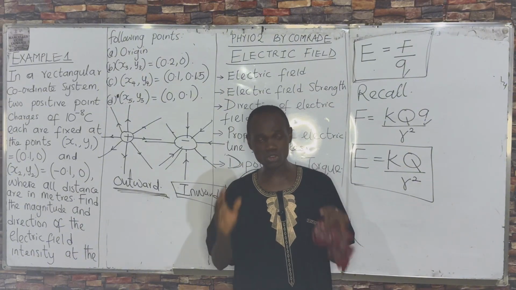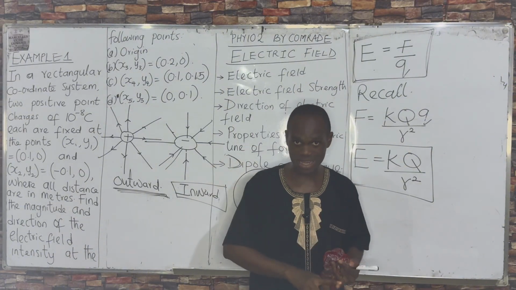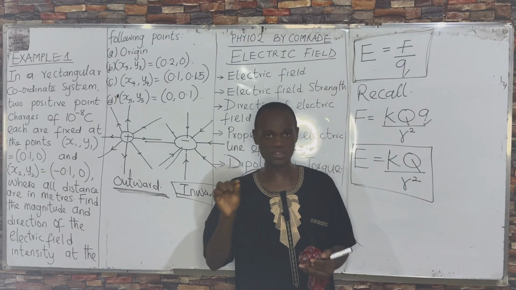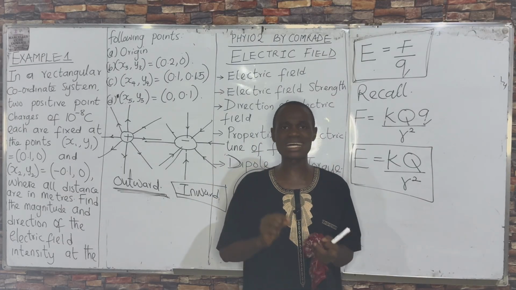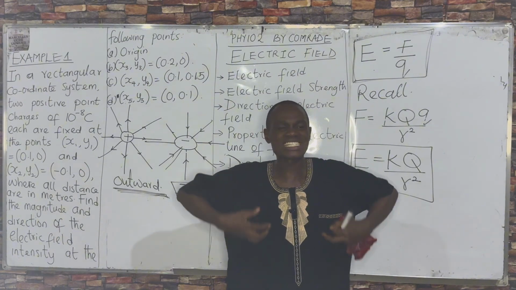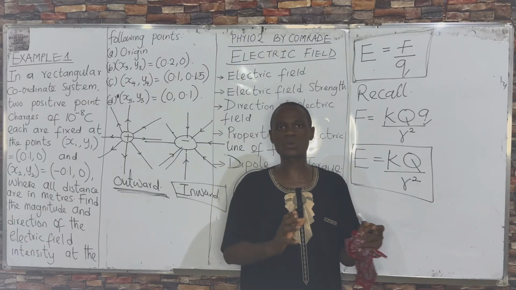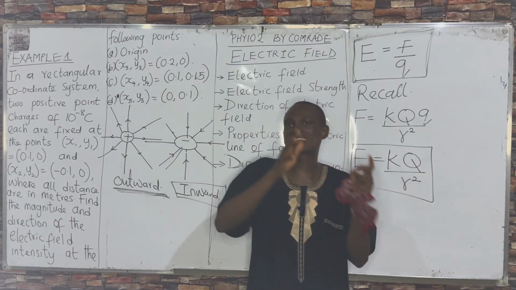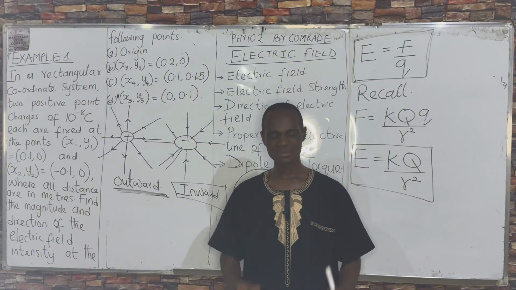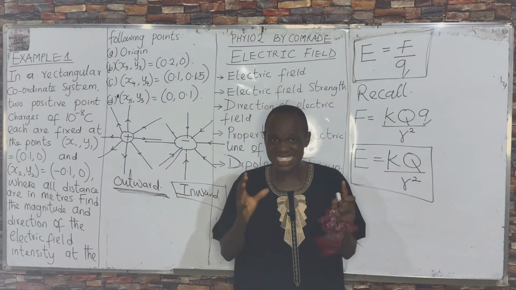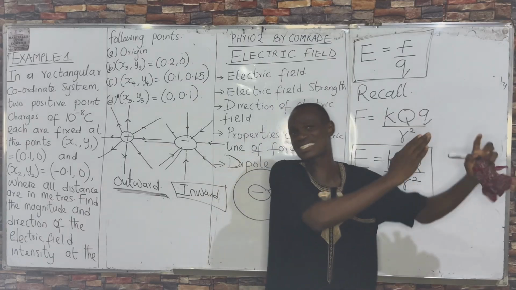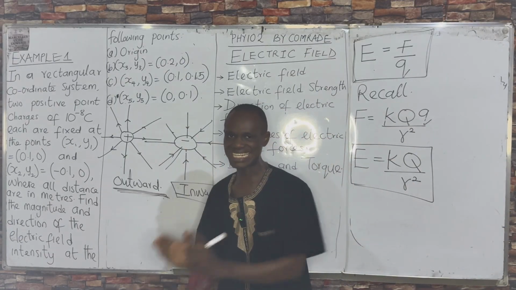So what was the first one? Lines of force can never intersect. The second one, the tangent at any point gives you the direction of the field. Number three is that for an electric field, lines of force originate or start from the positive charge and terminate or end at the negative charge. Please have this in mind. Electric field always moves from positive to negative.